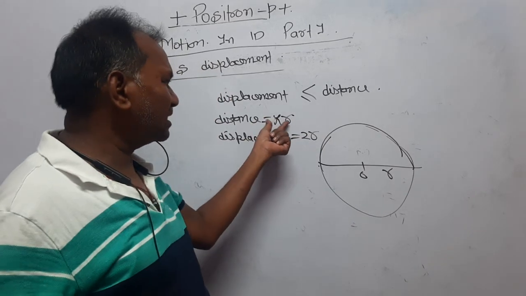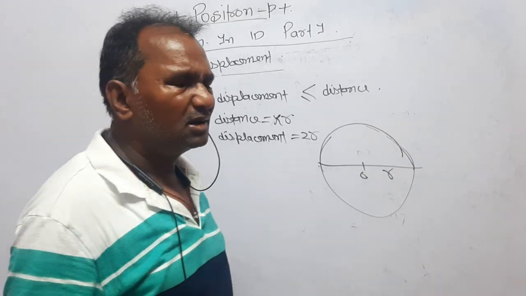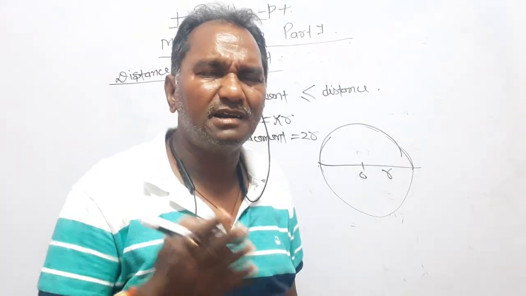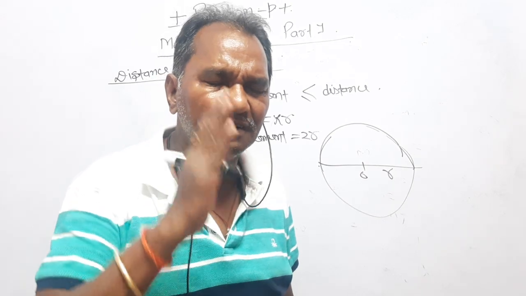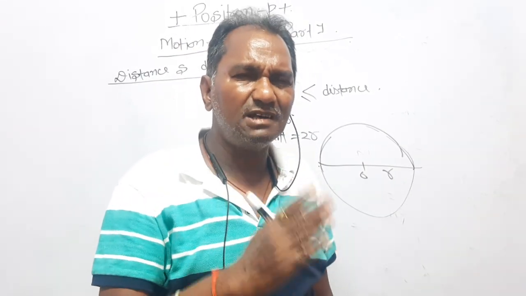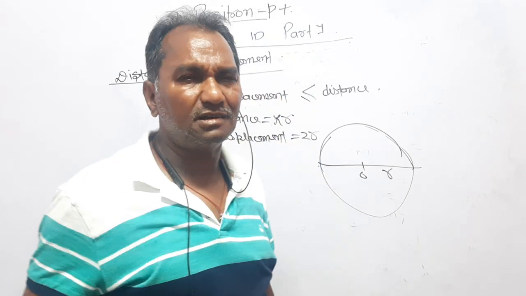Dear student, pi r is undoubtedly greater than 2r. In no case displacement can exceed the distance. In every case, displacement is always less than or equal to the distance.